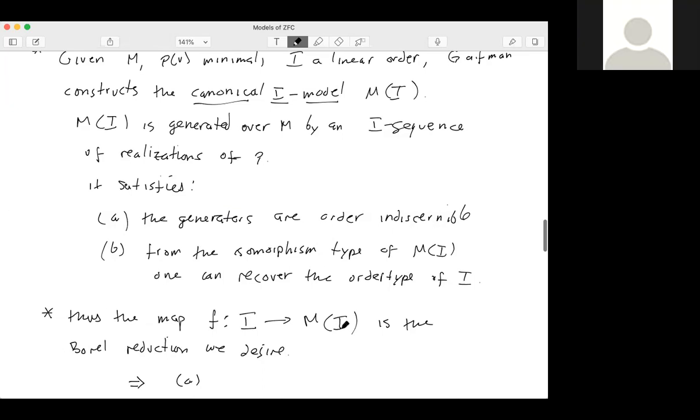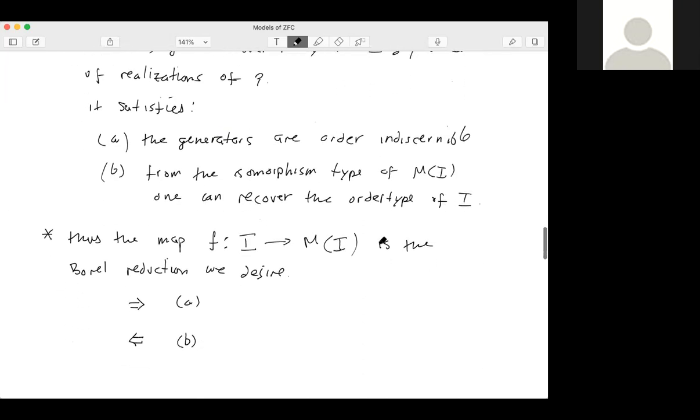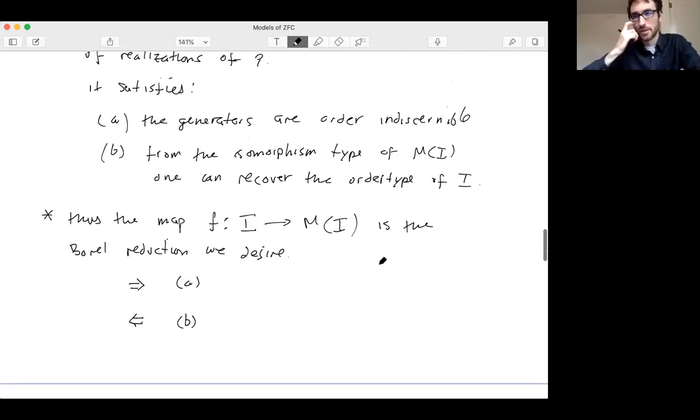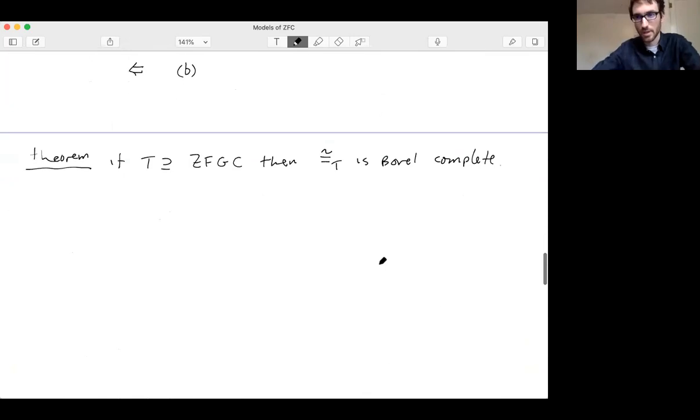The philosophy here is that wherever you do something that doesn't require the axiom of choice, and clearly you don't need any choice for doing these Gaifman constructions, they're very explicit. Right. Sure. Okay, thanks. You need something like dependent choices or something, but it's very explicit modulo that.